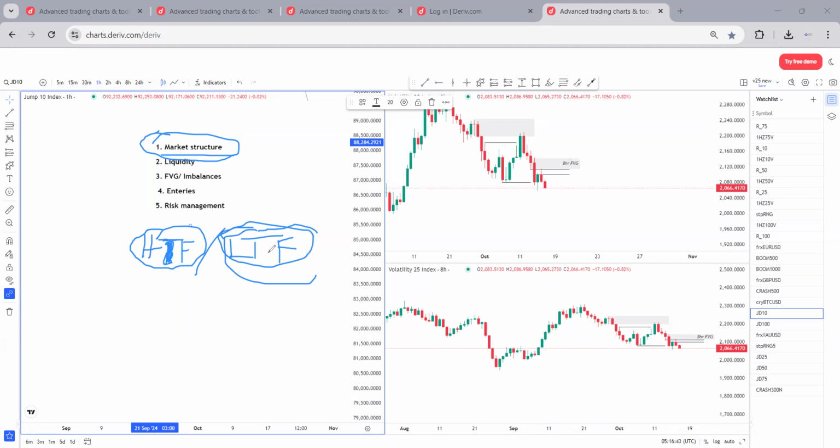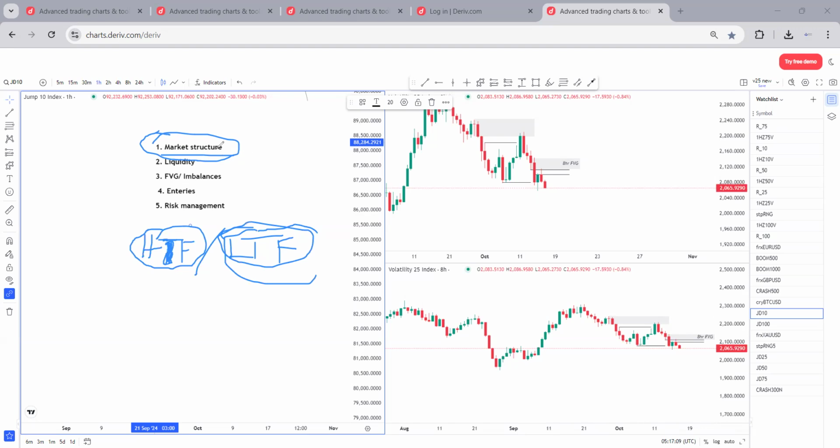That is where you are going to see the lower picture.